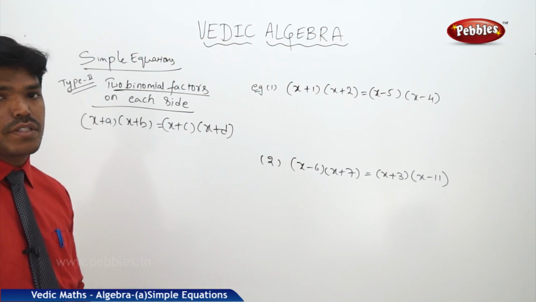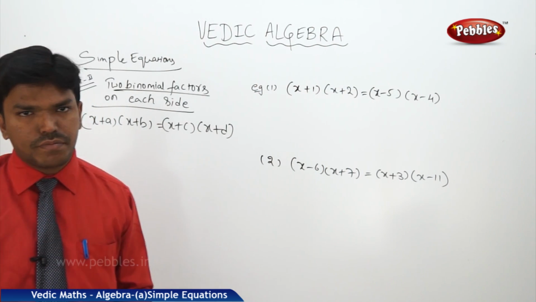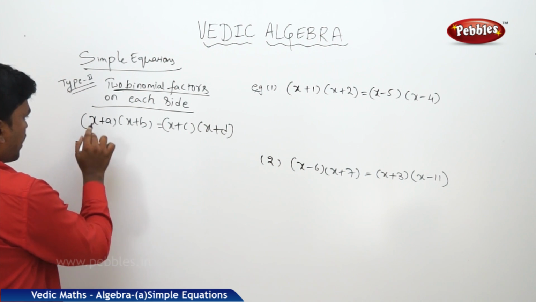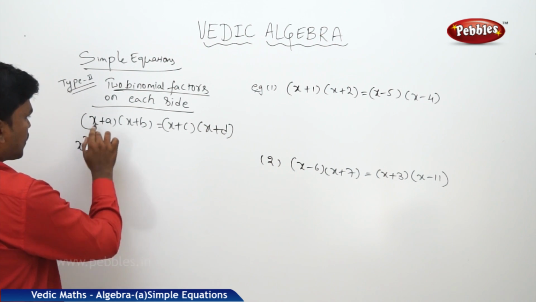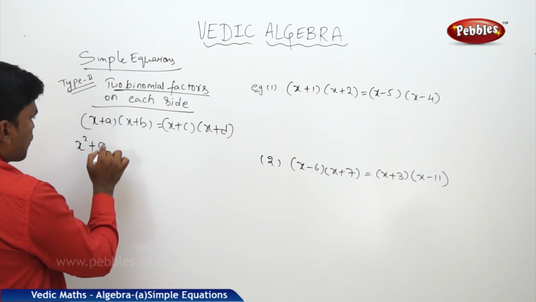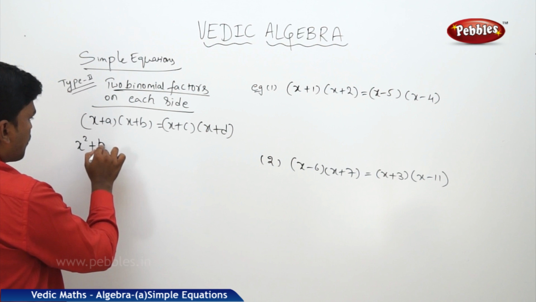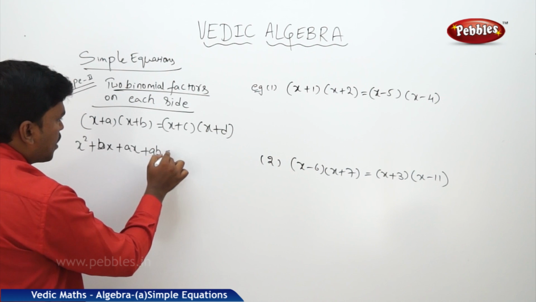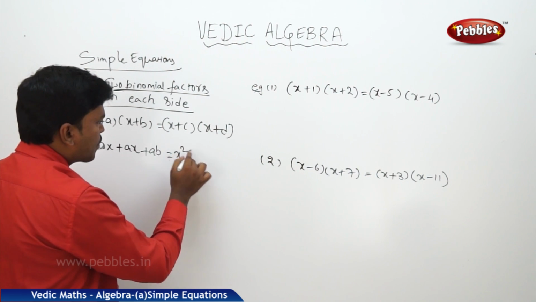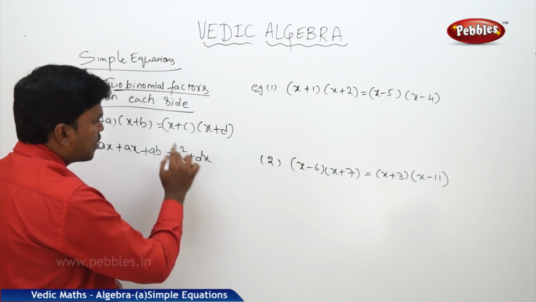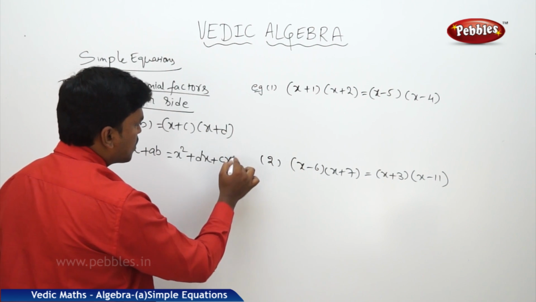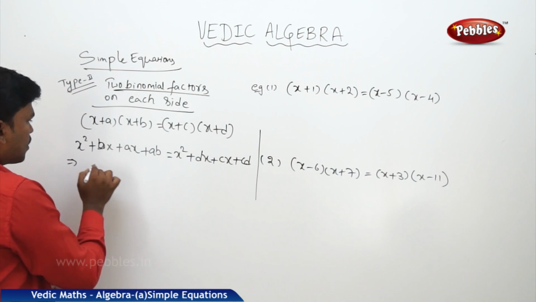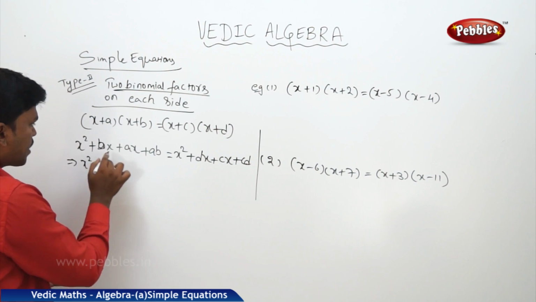Now let us derive the solution of x in this equation. Now see here. x into x, x square, plus x into b, bx, a into x, ax, plus ab, equal to x into x, x square, x into d, dx, plus c into x, cx, plus cd. Now take out the x square, and take out x common in this one.